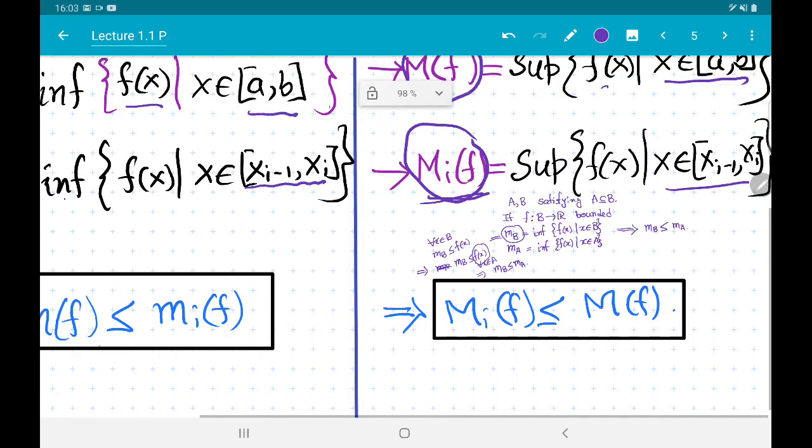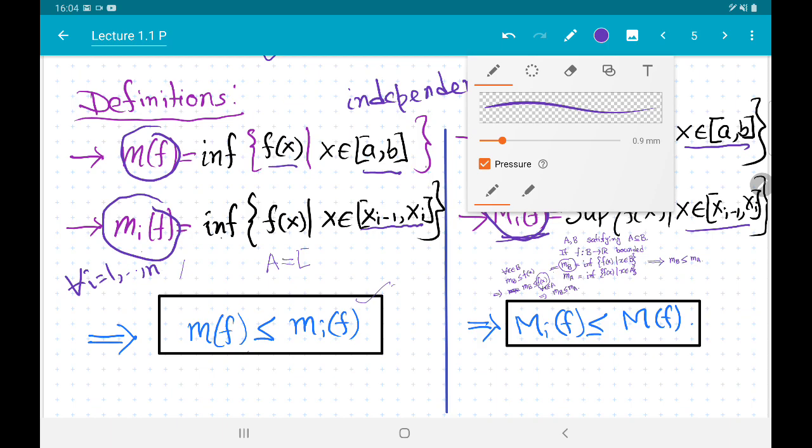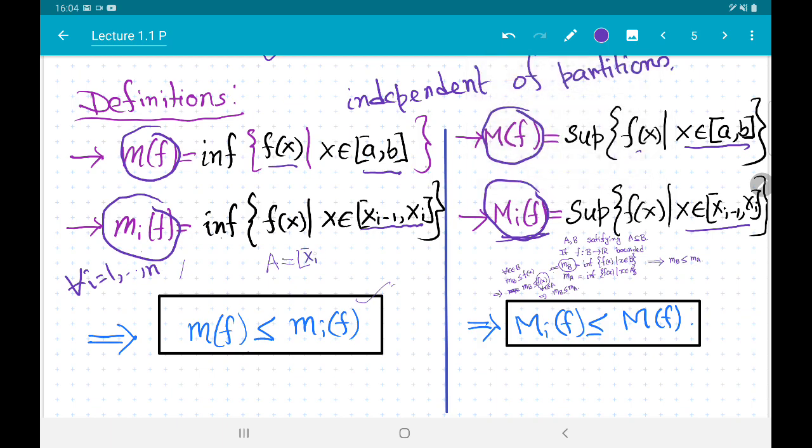Now to prove this inequality, we just assume that A is given by the smaller interval [x_{i-1}, x_i], which is contained inside the bigger interval [a, b], whose name we give B. Now we apply the exact same result that we have proved just now, and we will easily see that this will give us mf less than or equal to small mif.